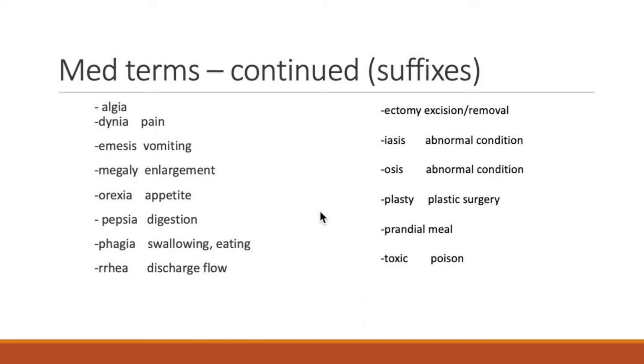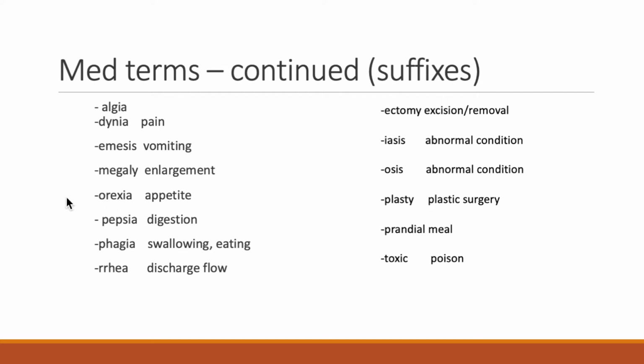Additional med terms that would be good to know for the digestive system. So these are suffixes. You'll see suffixes with a dash and then the word. So algia and dynia is pain. Emesis is vomiting. Megaly, enlargement.